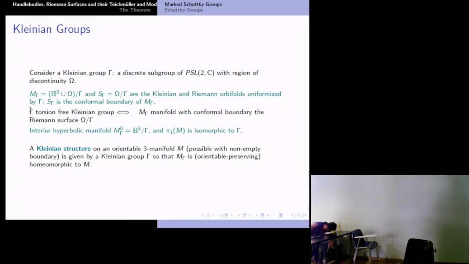If we have a Kleinian group, this is a discrete subgroup of PSL(2,C). We have a domain of discontinuity on the sphere, and if we take the quotient of hyperbolic space together with the domain of discontinuity by the Kleinian group, we have a three-manifold with possible boundary, and the boundary is a Riemann surface.